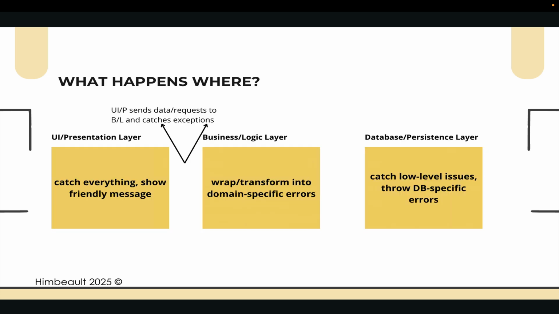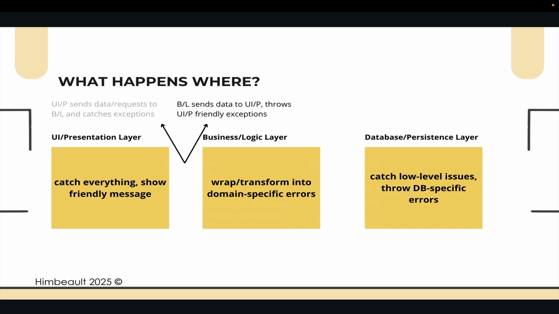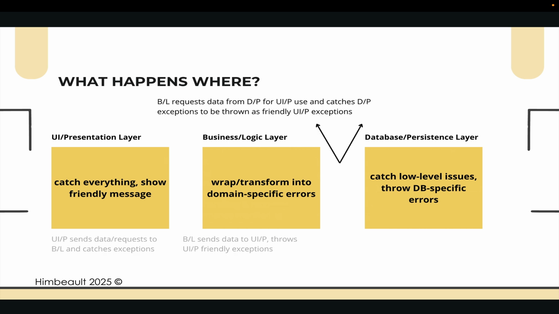Here we can see that the UI layer's job is to send data requests to the business layer, and to catch exceptions, while the business layer is supposed to send data to the UI layer and throw some UI-friendly exceptions. So its job is to take error messages and make them UI-friendly and pass them to the front end.